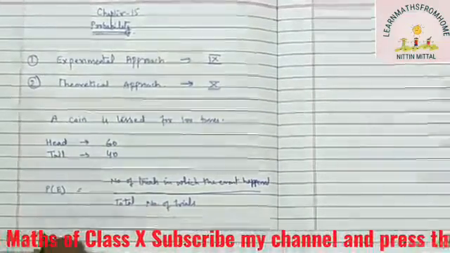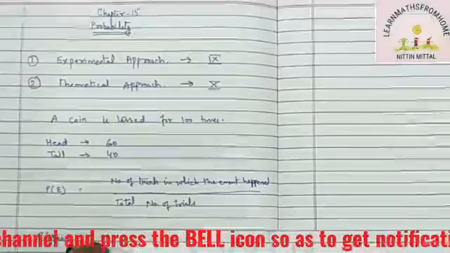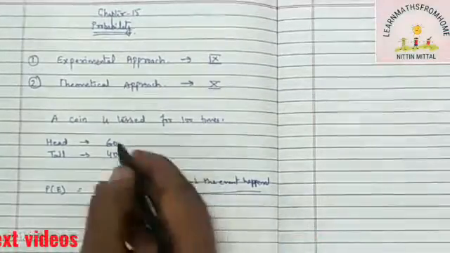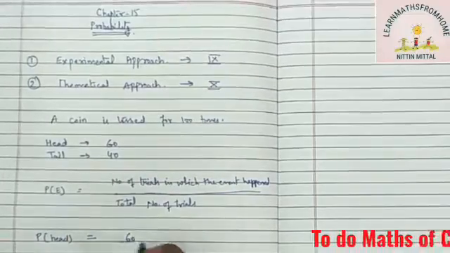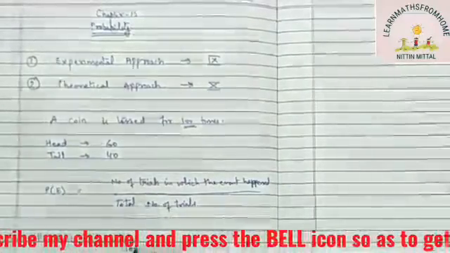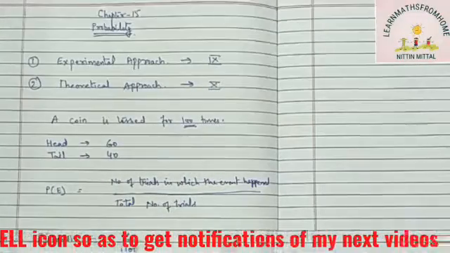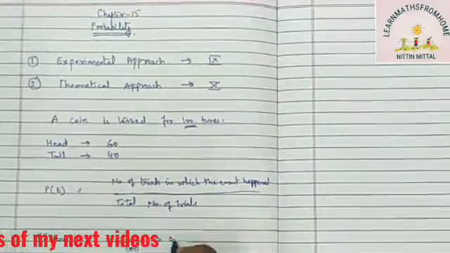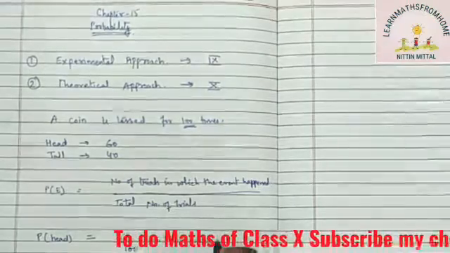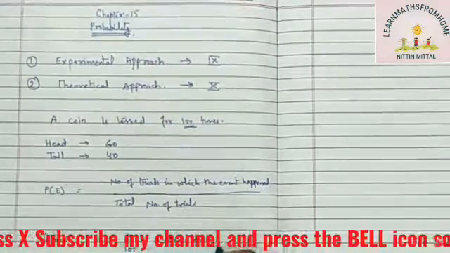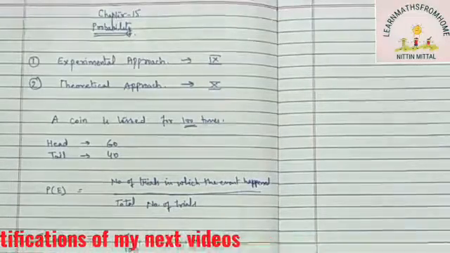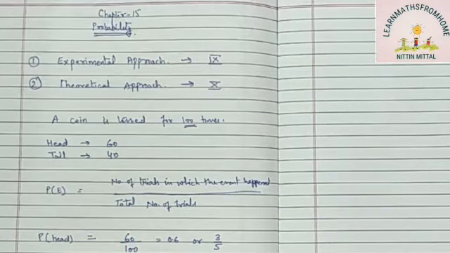So according to that, probability of getting head will be number of trials in which the event had happened, which is 60, over total number of trials, we know it is 100. So the answer will be 0.6 if we write in decimal, or if we want to write in fraction, it will be 3 by 5 after reducing it to the lowest term. So this is what you did in class 9.